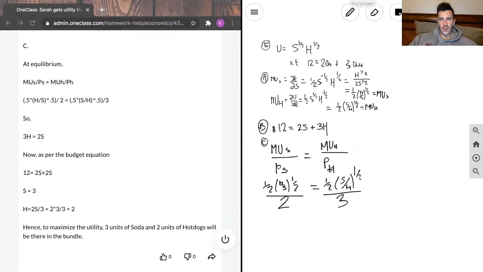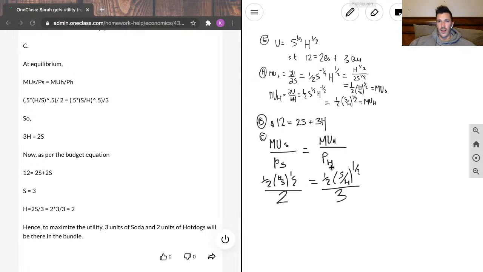Just going to shrink this. I'm going to give you a quick second to take a picture of the top if need be before it gets too much smaller. We can start canceling things out. The 1/2 goes on both sides.